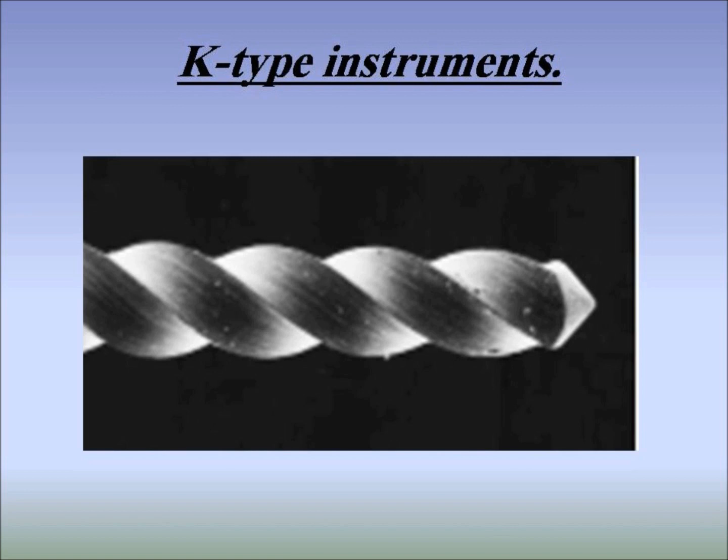A file has more flutes per length unit than the reamer. The K-type instruments are useful in penetrating and negotiating root canals. The instrument works primarily by compression and release destruction of the dentine surrounding the canal.